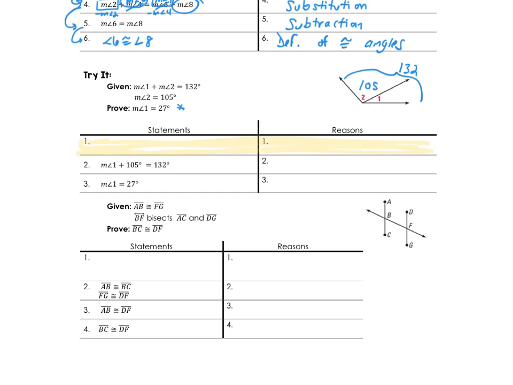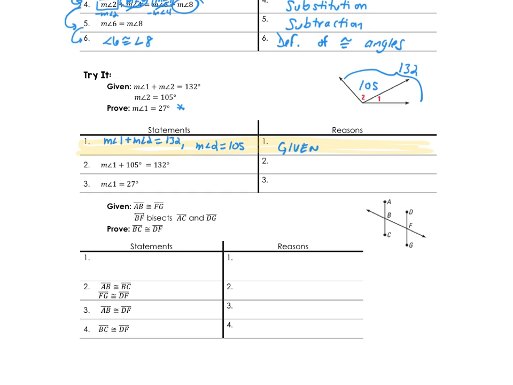Okay, so look at your given information. Measure of angle 1 plus the measure of angle 2 equals 132, and also measure of angle 2 equals 105. If you're using the same reason for more than one piece of information, you can put it all together on the same line.